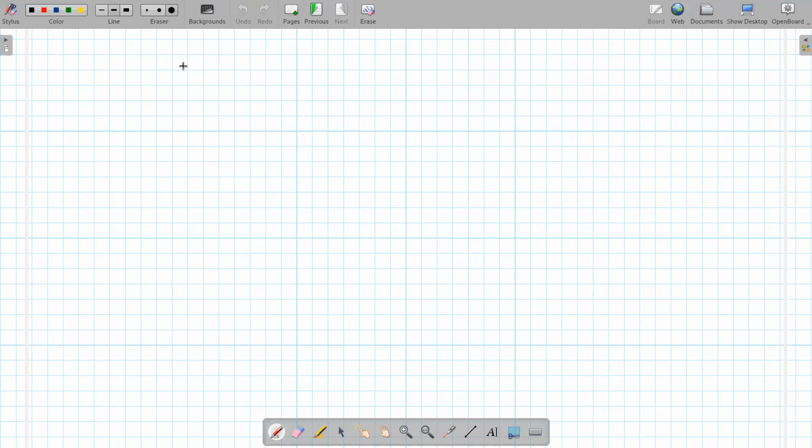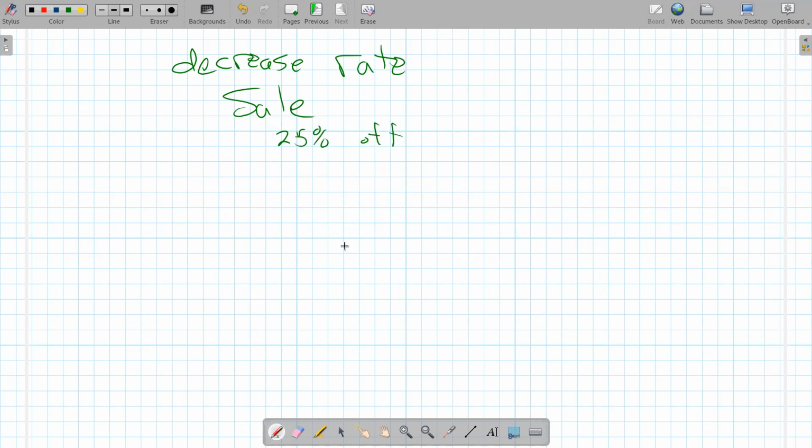One last thing, and then we're going to move on to our next lesson. Sometimes the rate could be a decrease. So instead of being a positive, increasing something, it could decrease, like a sale. Like maybe there's a 25% off sale. Whatever you buy started at 100%, whatever it cost, and then we're taking away 25% of that. That leaves 75% that we pay. So this is like my previous example.